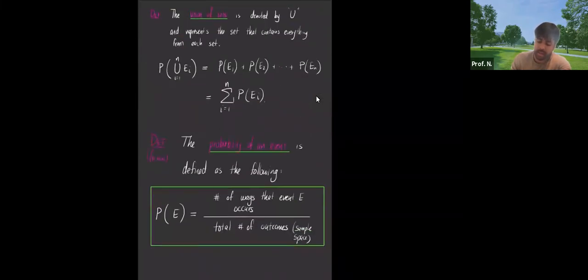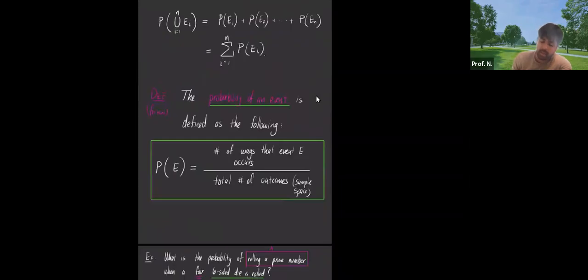And then we defined what probability was, which is the probability of an event found by taking the fraction of the number of ways that a certain event occurs divided by the total number of outcomes, which is the same thing as finding how many things there are in the sample space.